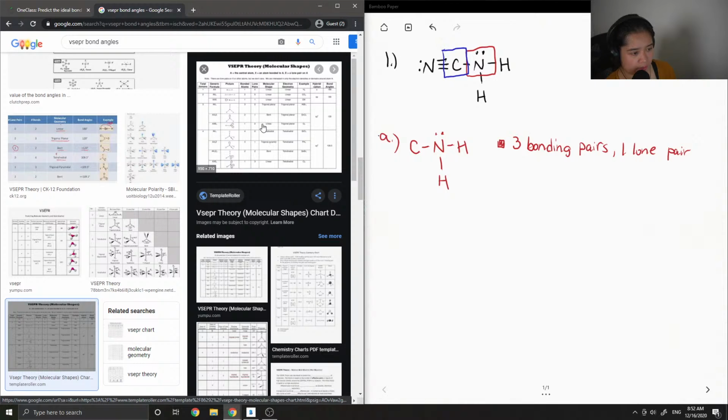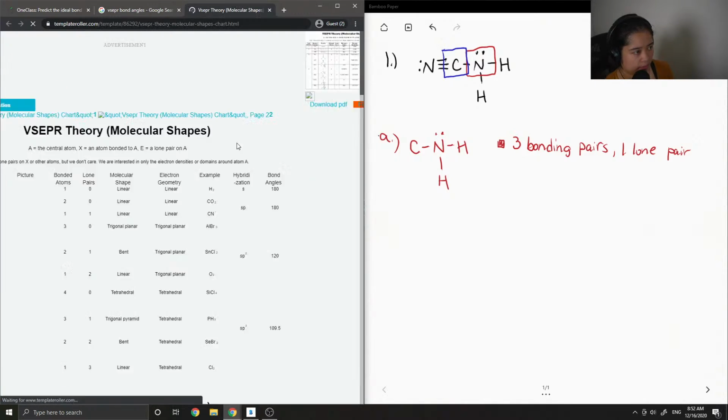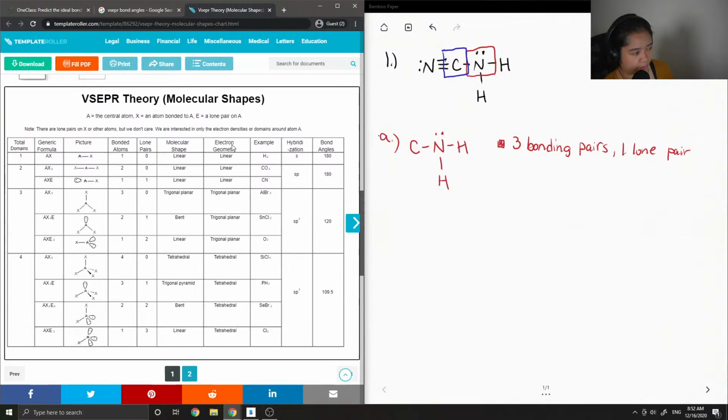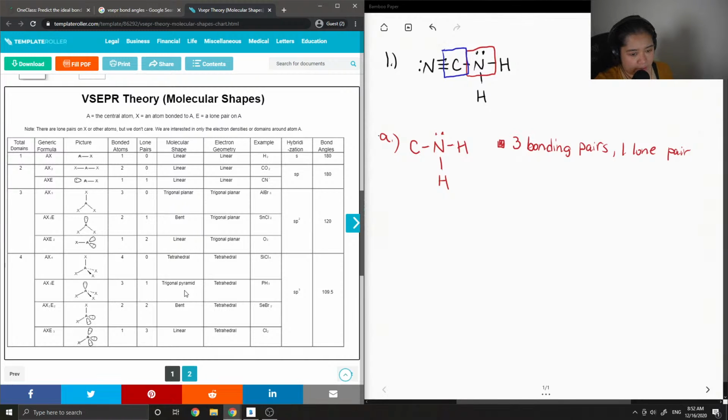Yeah, so this one's a nice and detailed one. So here, big one. Okay, so three bonded atoms and one lone pair gives us this trigonal pyramid molecular shape. I'm just going to write that down.